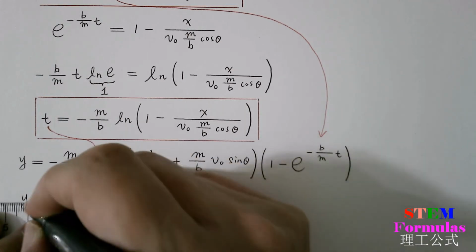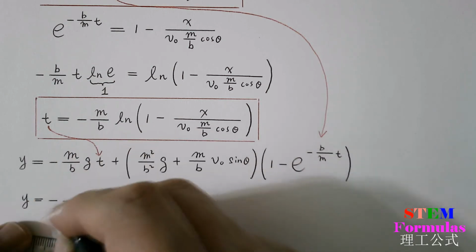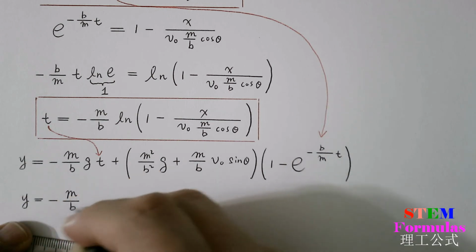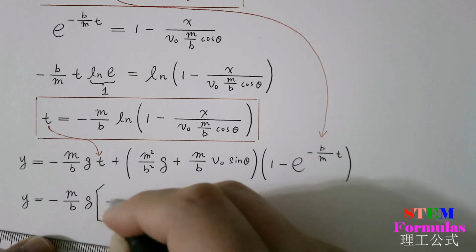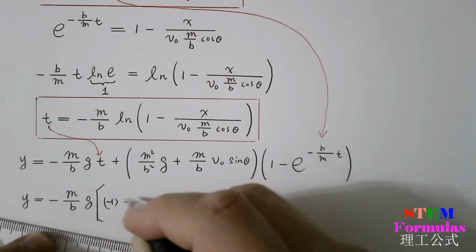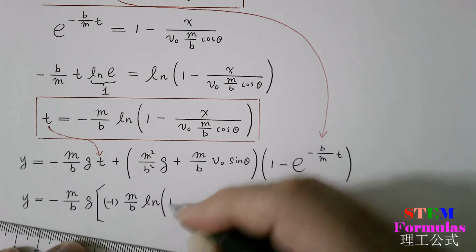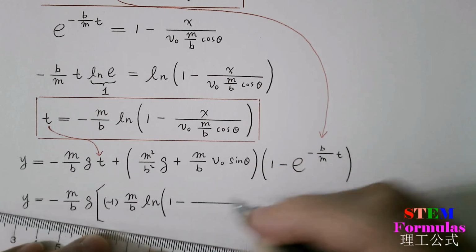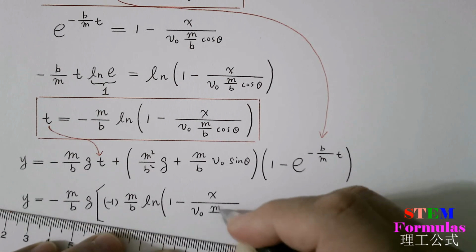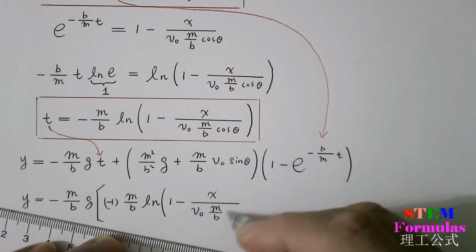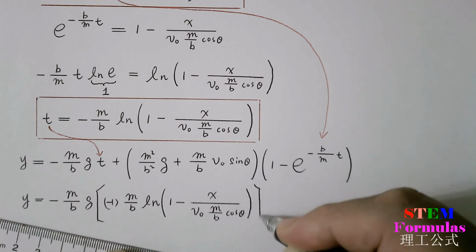y equal m divided by b g minus ln, bracket 1 minus x divided by v0 times m divided by b cosine theta, bracket, in a square bracket.